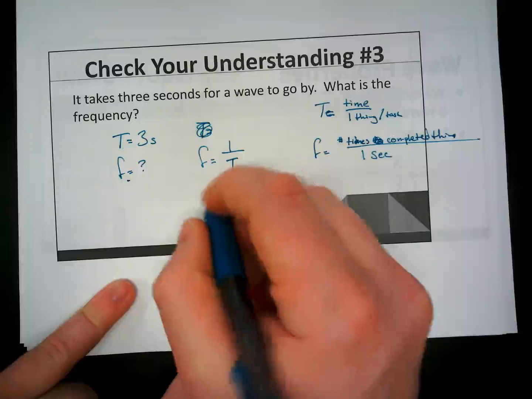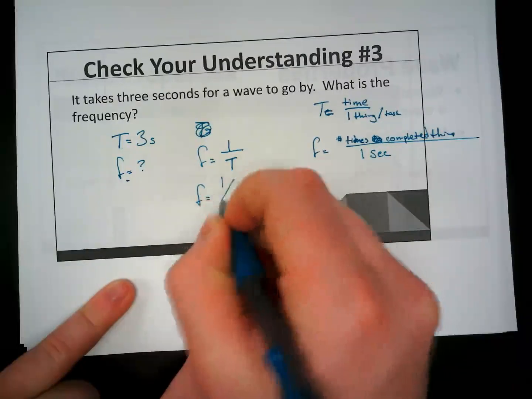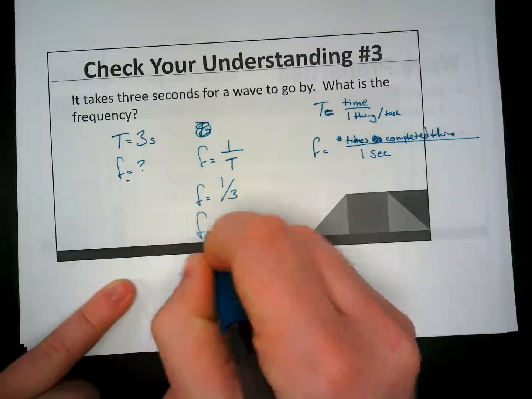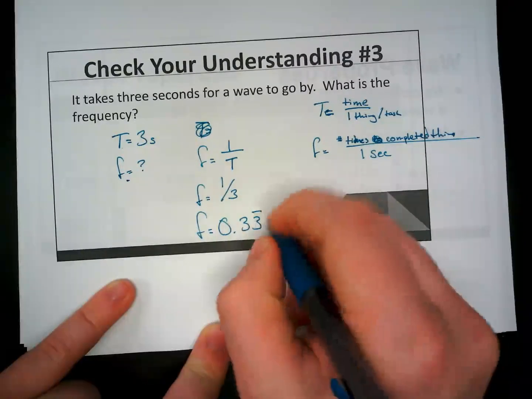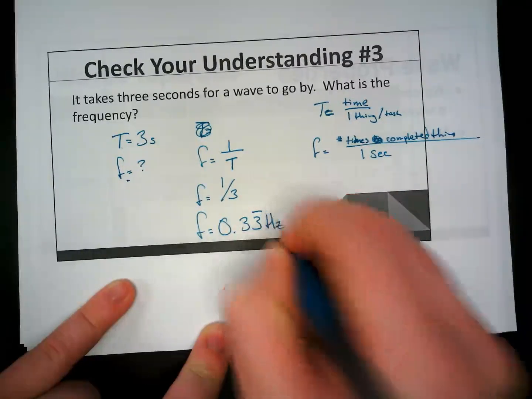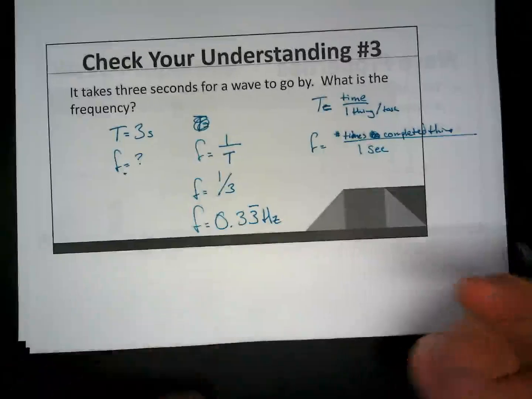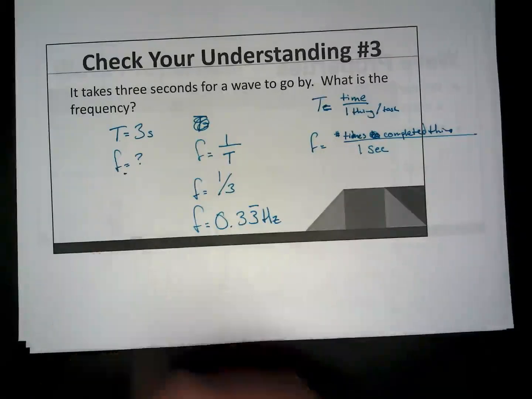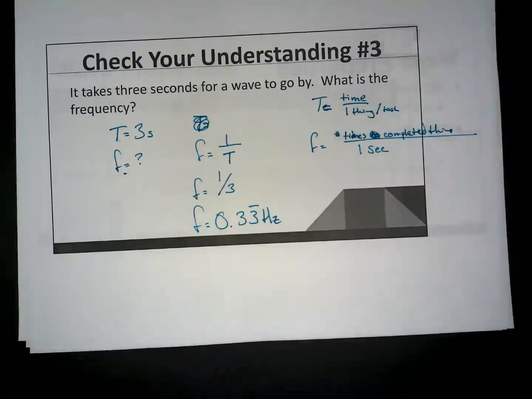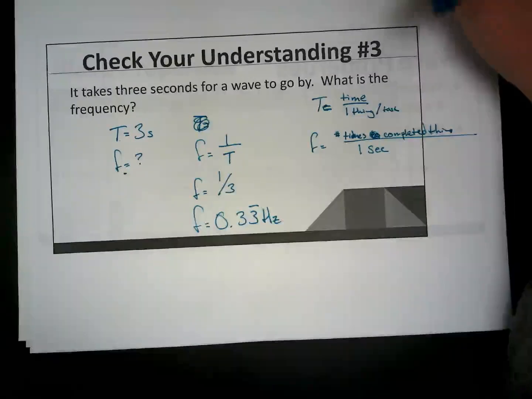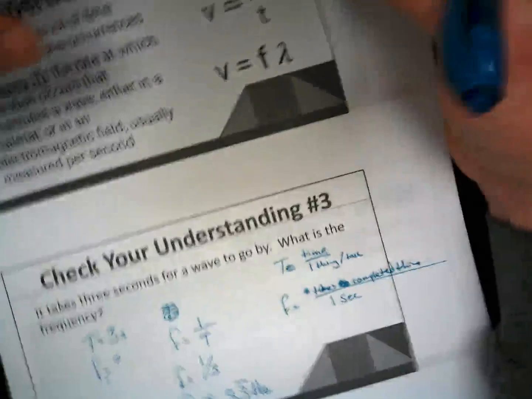Frequency is equal to 1 over period, so then it'd be 1 over 3, which then will give us a frequency here of 0.33 repeating hertz. Hertz is the things per second units that I go through in the notes before. Okay, so there's 0.33 repeating hertz.